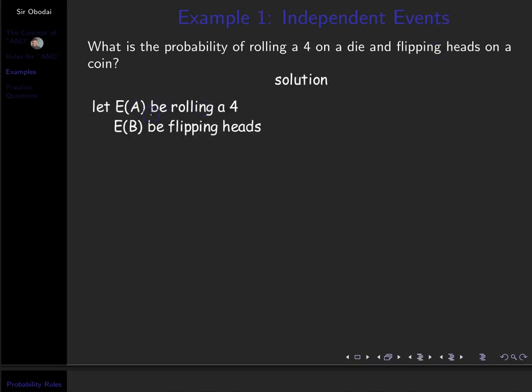So we are going to let E of A be rolling a 4 and E of B be flipping heads. First of all, before we get the probability of these two events occurring together, we need the probability of rolling a 4. From our previous video, the probability of an event is equal to the number of the events over the sample space.